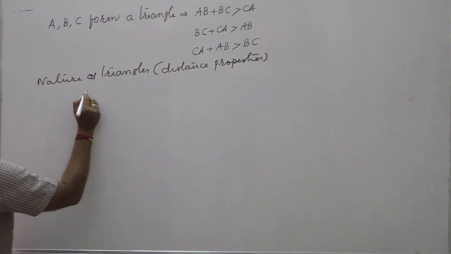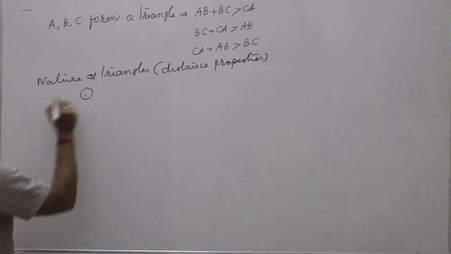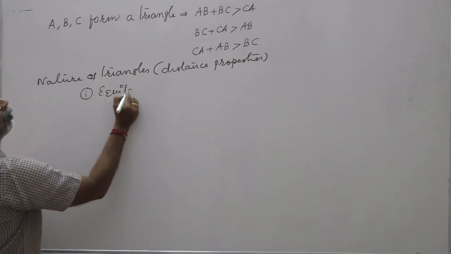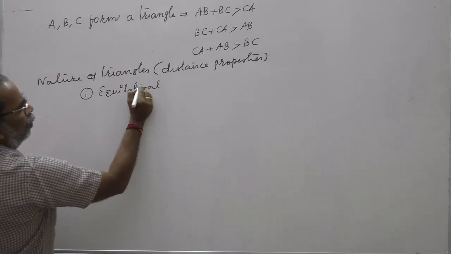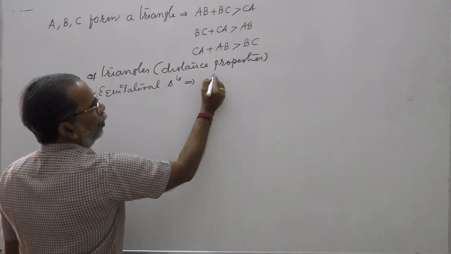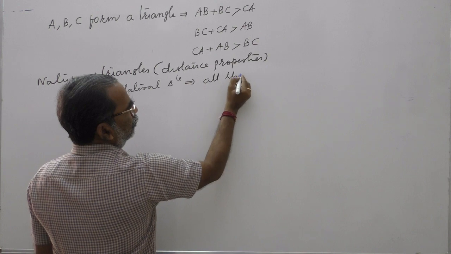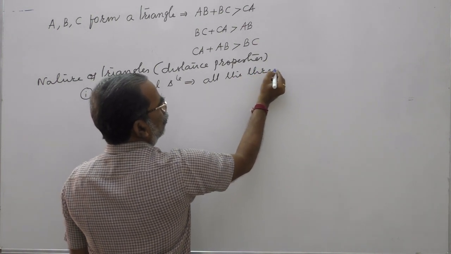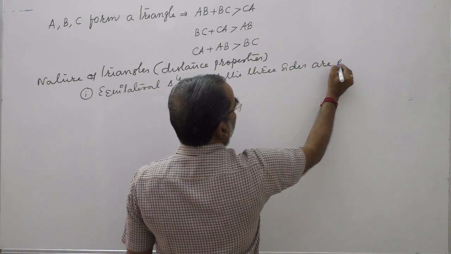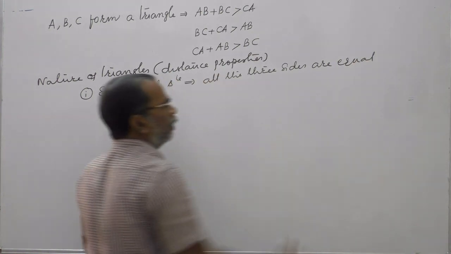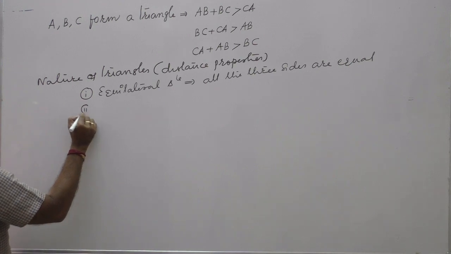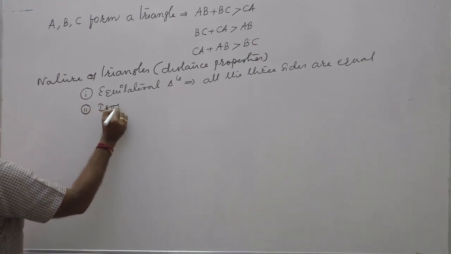If 3 points A, B, C are given, then number 1, it is called an equilateral triangle if all the 3 sides are equal. That means AB equals BC equals CA. Secondly, it can be an isosceles triangle.